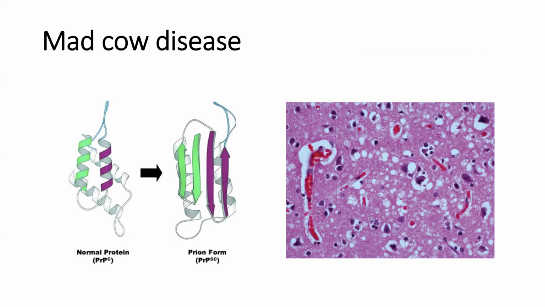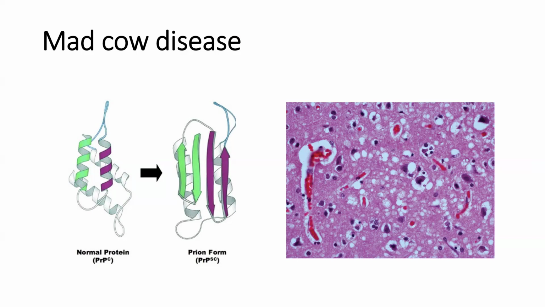By being close to cows or what? Eating, okay? If you consume beef that is from a cow that has mad cow, then you will catch mad cow. Can you get it from like milk? That's a good question. I don't think so. I think it has to be the contaminated meat, yeah.